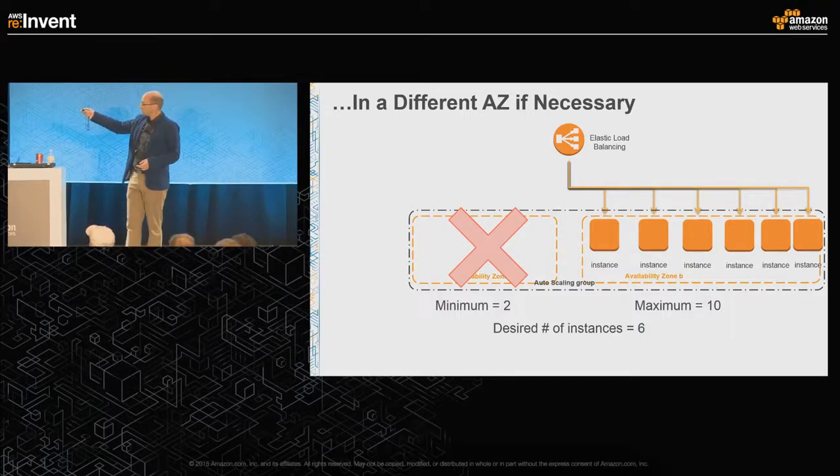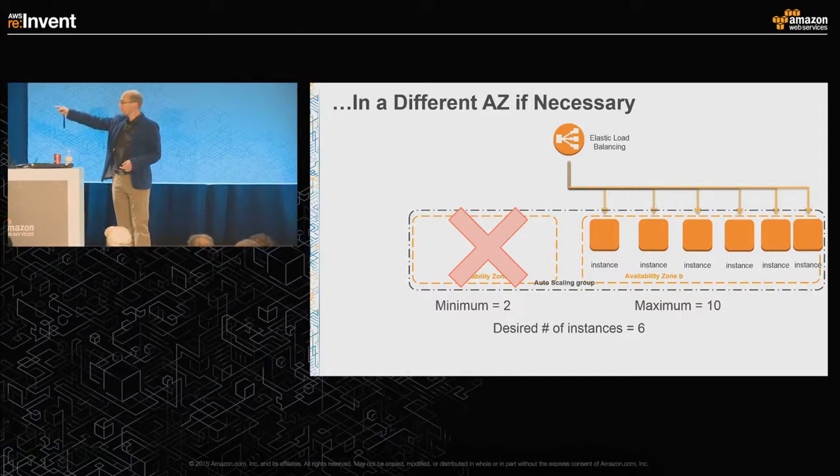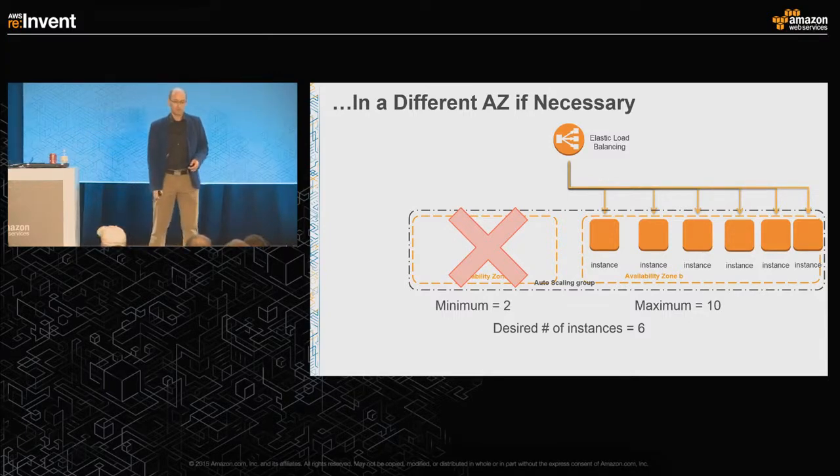But instead, it will launch up to 10% of the capacity that you have in AZ-B in AZ-A. Wait until those are online, until they've been added to the web server, and only then it will terminate the now superfluous capacity in AZ-B, right?